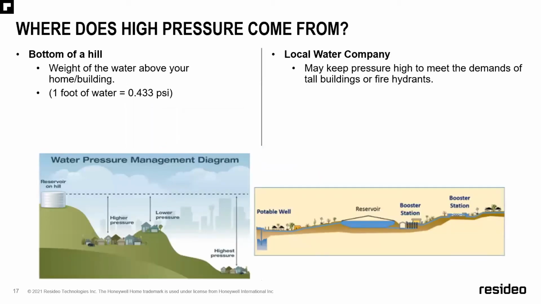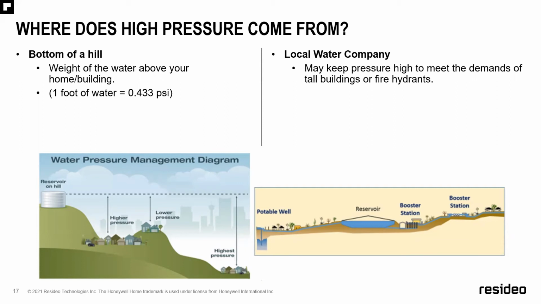Just a brief review on where high pressure comes from. There are two types of water feeds from the municipalities or the towns. If you're at a low end, usually you have a reservoir up high somewhere, where they have a pump and feed water into the reservoir, and it's gravity fed down to the water main going up and down our streets. That's one way. The other way, if you're at a higher elevation, like in Colorado, it's switched.